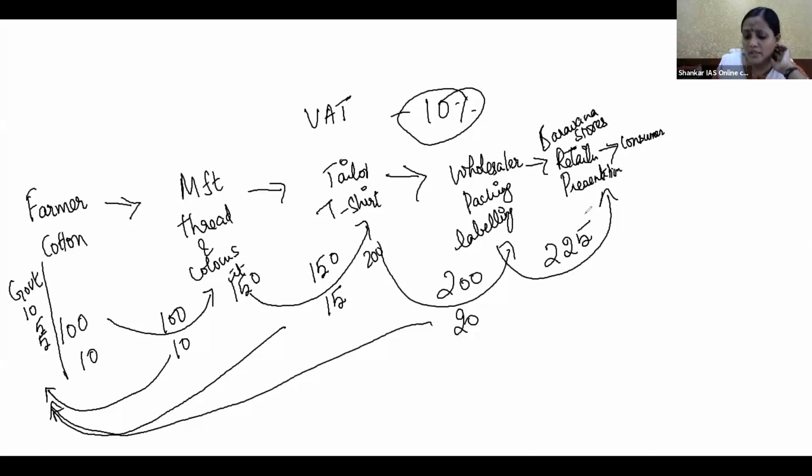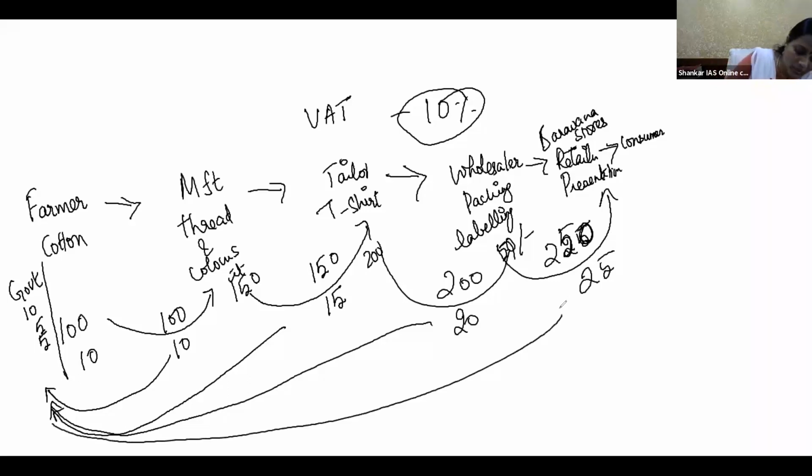Shall we keep it a round number so that I need not write it as 22 rupees 50 paise and all. So I make it into 250 rupees. Right? So this fellow will be giving 250 rupees because he has added a value of 50 rupees to it and 25 rupees. And the wholesaler again will be paying only 5 rupees because his value addition to the product is only 50.